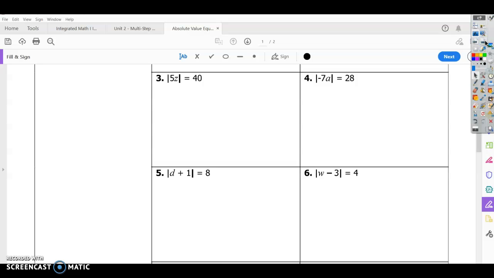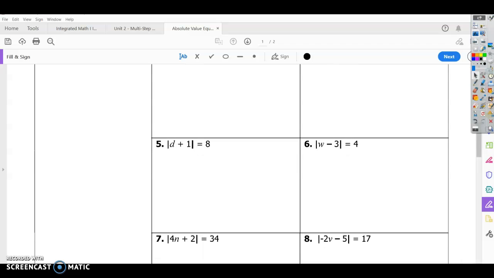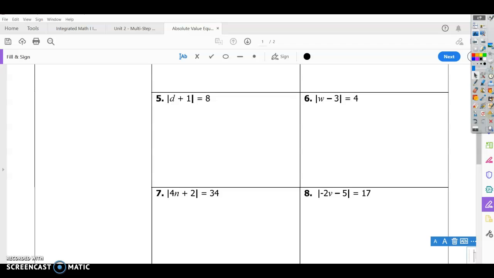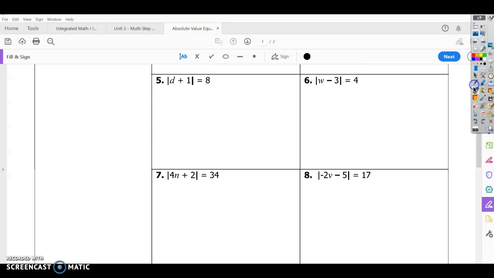I'm going to move this down. All right, so the next one says d plus 1 equals 8. D plus 1 is isolated, so we're going to set that equal to positive and negative. So d plus 1 equals 8.